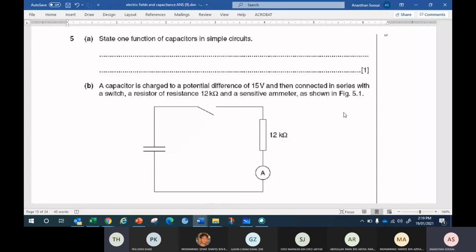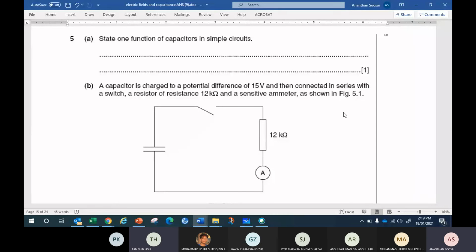Where we can use capacitor. Hold voltage. Yeah, again? Hold voltage. About your form 5, you learn smoothing.